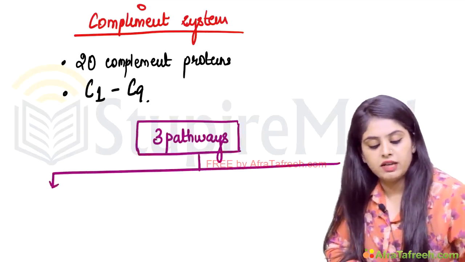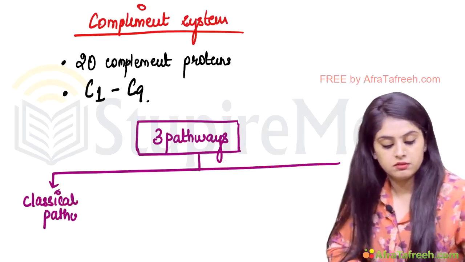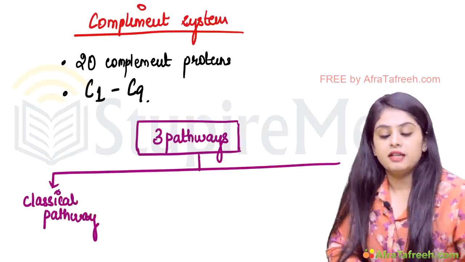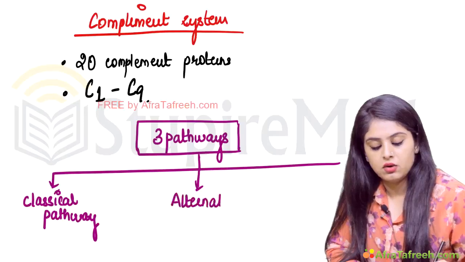First pathway is known as the classical pathway. Second is known as the alternate pathway.